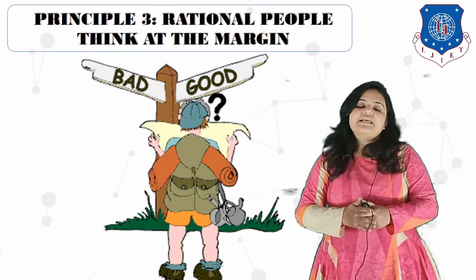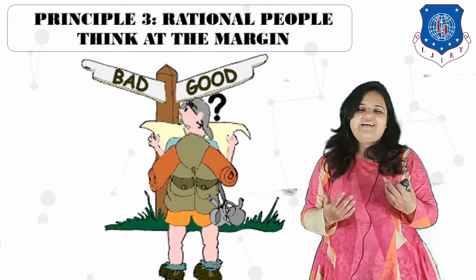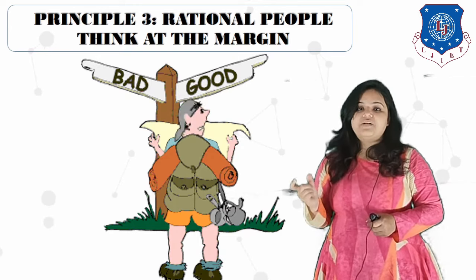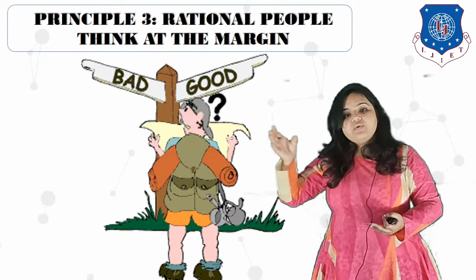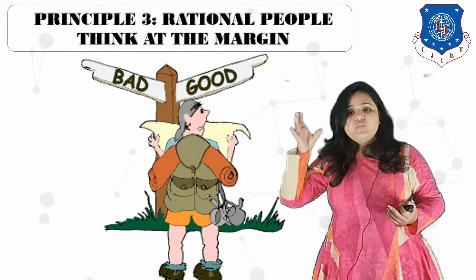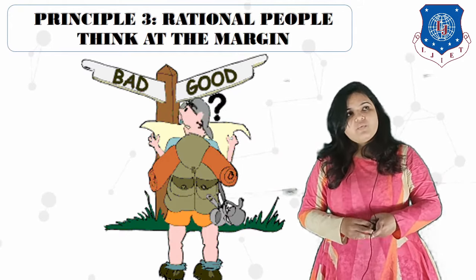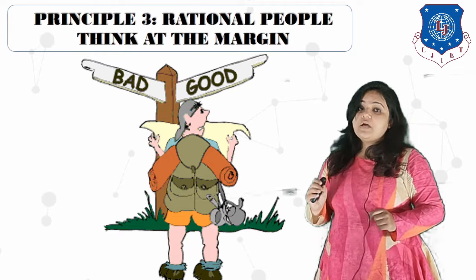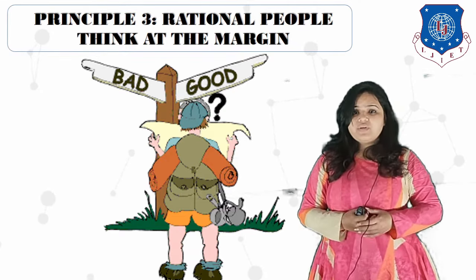So students, we tend to think at margin, and we here are rational people. We make decisions on margin. Say for example, I am running an organization. If I want to hire a new employee, I would not calculate everything when I am hiring a new person. What are the current number of employees? What are they paid? What is my profit? What is the production of each and every person? What is the per unit charge?